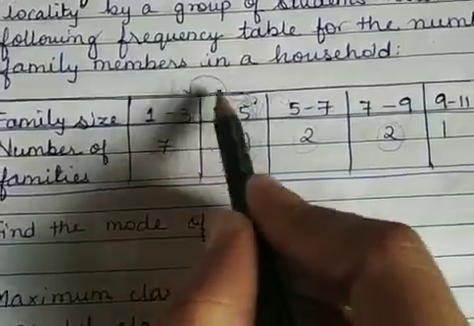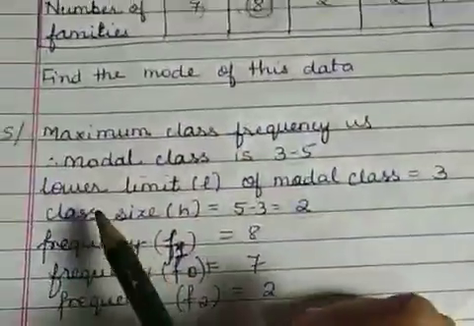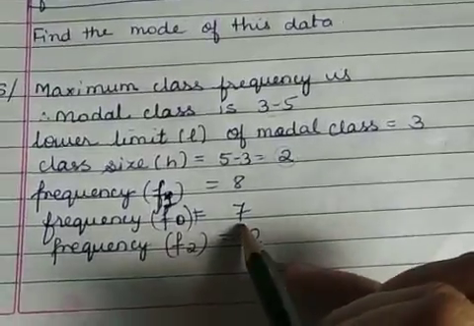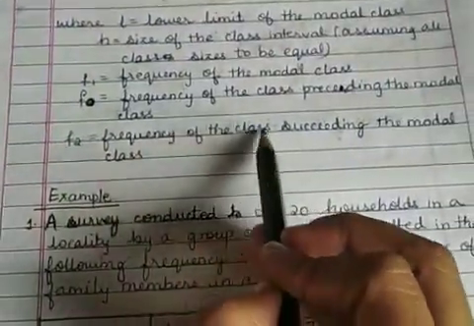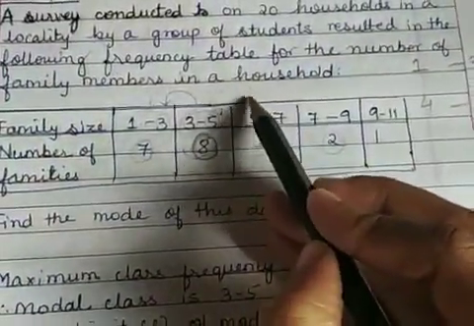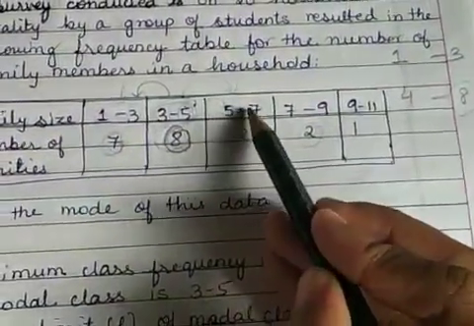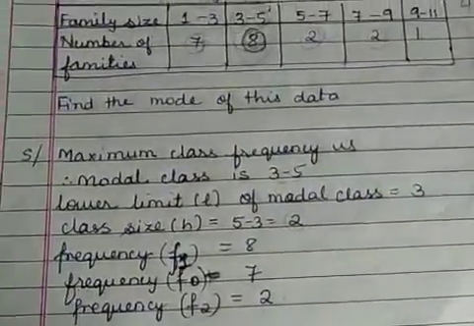Which class comes before this class? It is 1 to 3, and the frequency there is 7. So f0 is equal to 7. Next, f2 is the frequency of the class succeeding the modal class. The class which comes after this one is 5 to 7, and the frequency there is 2. So these are all the values.